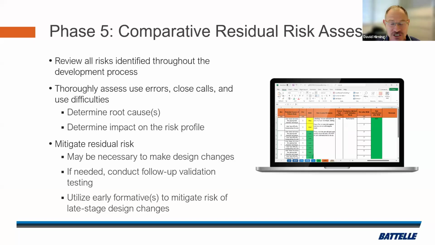Should design changes be required, additional validation testing may be required to test those components. And utilize early formatives, just as we always say, utilize early formatives to mitigate the risk of having to make design changes late in the product's life cycle.